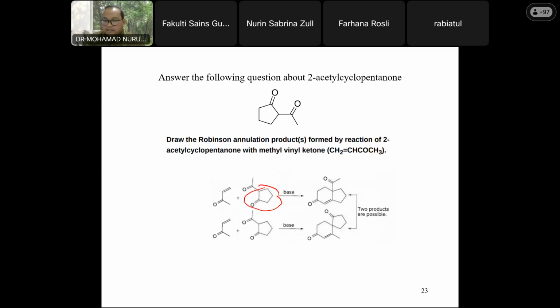And the second one, when it reacts with this ketone. So that's why they have two products.